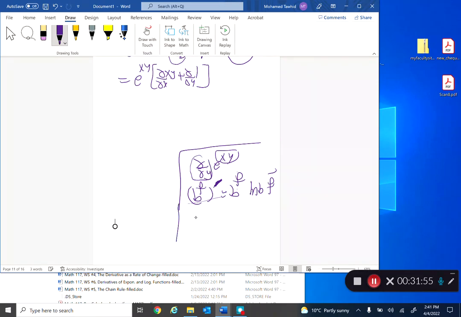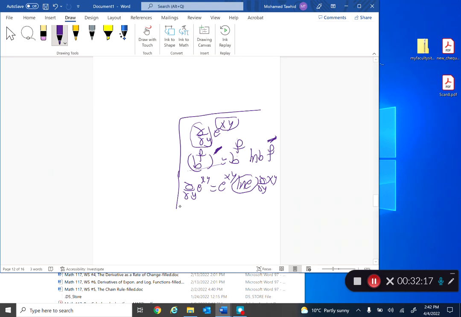So if I do that, what is your b? e. So the derivative of any exponential should be exactly the same, and ln e, that is your b, which is 1, and I have to take the derivative, that's f prime, which is the derivative with respect to y. What is your exponent? xy.